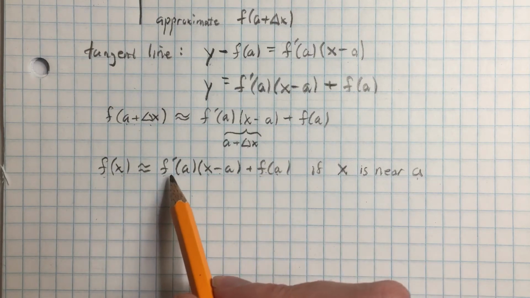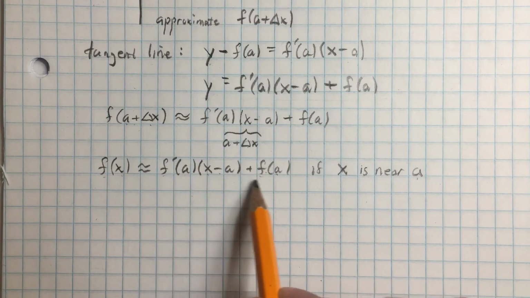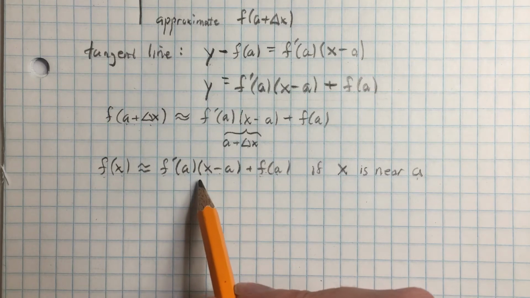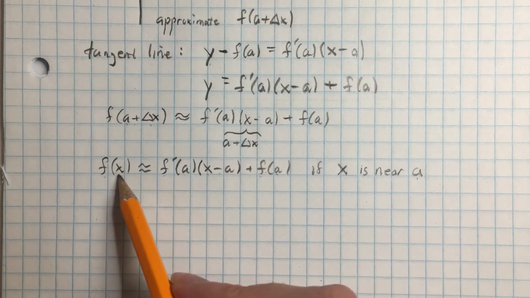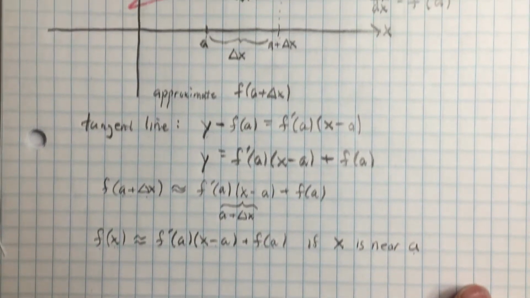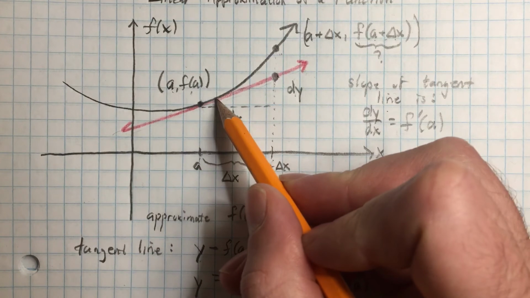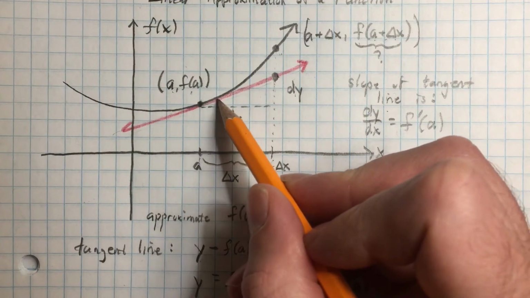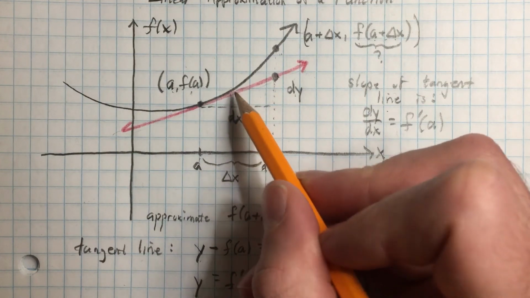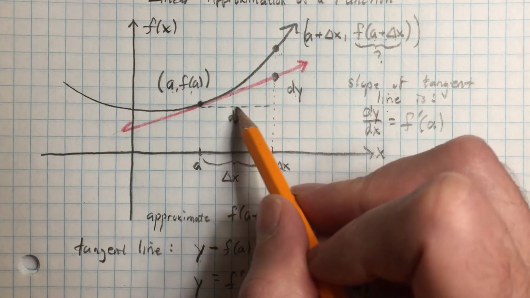So the approximation we're using with this tangent line here is exact whenever x is a itself. And if you move away from that, it's going to be a little bit different. Right? The picture you can see. Move a little further away than a itself, and now the tangent line will not be the same as the curve, right? The height will not be the same as the curve height. It'll be a little bit away. And the further away you move, right?